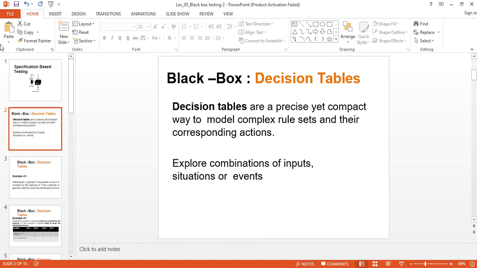So the decision table is some sort of advanced black box testing, where we create a table based on the input combinations and the logic. With the combination of these 2, we can decide what actions we are going to do. Because of that, we call these tables decision tables, right?